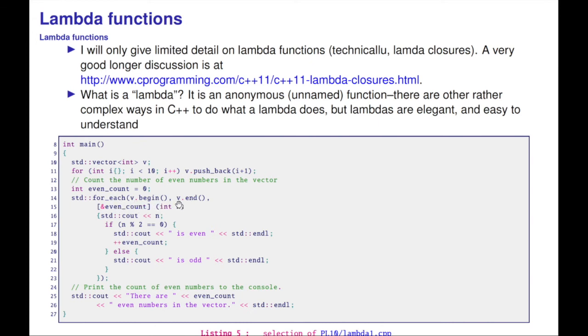It takes int n as an argument, so it's got access to even count by reference, so it can change it and see it. And then it outputs n, which is the argument. If n is even, n % 2 == 0, it means the object is even, then I can output even. I include even count, that's why I needed even count, and else std::cout is odd and close of that.